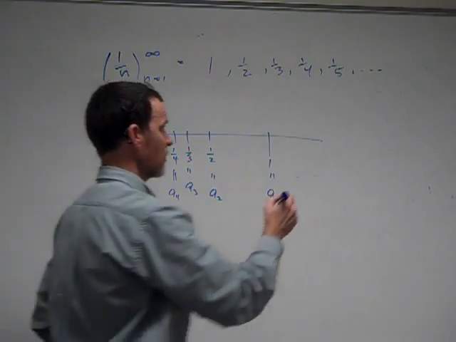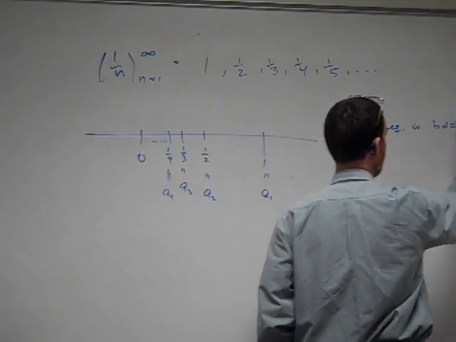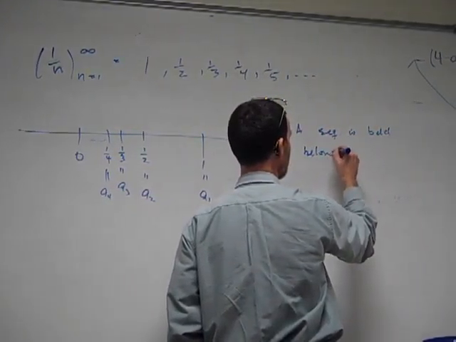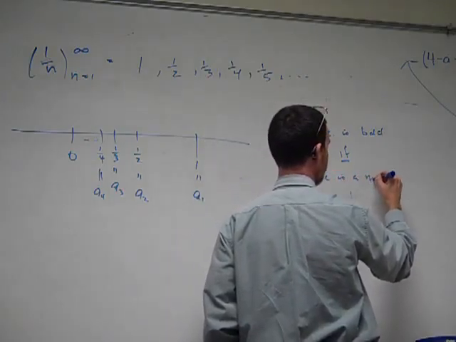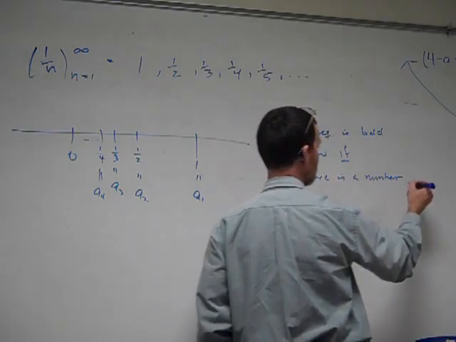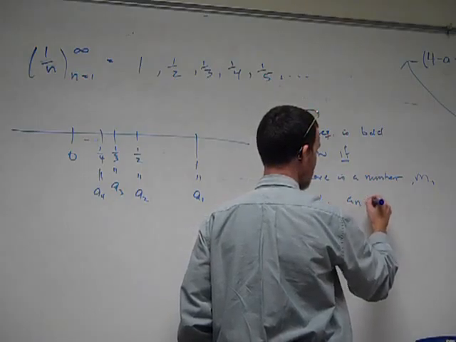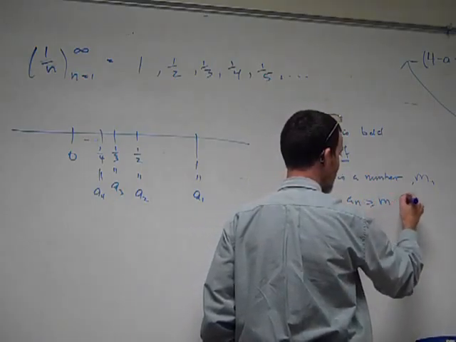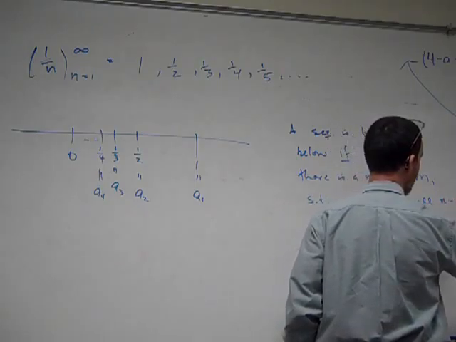Bounded below means a sequence is bounded below if there is a number, doesn't matter what you call it, I'll call it little m, so that a sub n is bigger than or equal to m for all n equals 1, 2, 3, and so on.